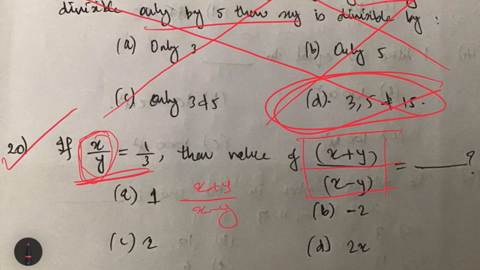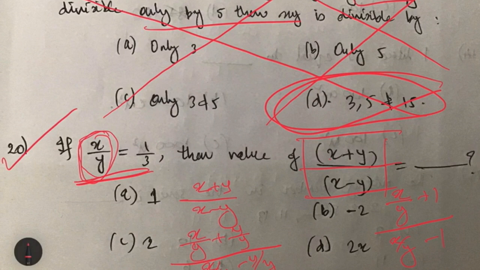So x plus y divided by x minus y, and we divide it by y. It will be x by y plus y by y, divided by x by y minus y by y. So it becomes x by y plus 1 divided by x by y minus 1.